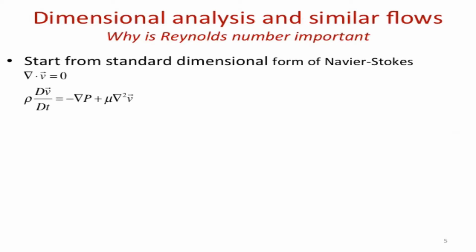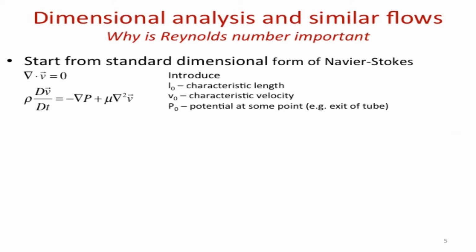So I have an incompressible flow, so my divergence of V is 0. And then I have rho times the material derivative of V is negative gradient of pressure plus mu Laplacian of V, and any gravity or force that I could have is in this generalized pressure term.